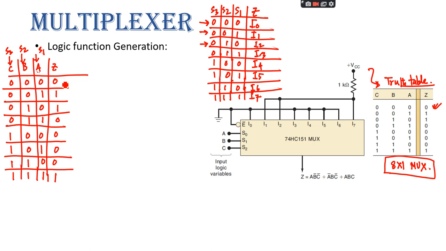So what will happen? This will become my I0, this will become my I1, this will become my I2, this will become my I3, this will become my I4, this will become my I5, this will become my I6, and this will become my I7, right?